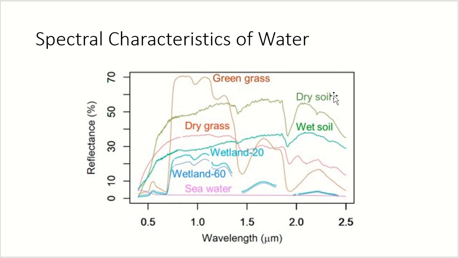And I'll just draw attention here to the contrast between dry soil and wet soil, where these two, this teal signature and the more olive green one here, they're similarly shaped, but you see the dry soil is reflecting quite a bit more across nearly every wavelength than the wet soil. So in general, water places a downward pressure on or exerts a downward force. It drags the profile down toward lower reflectance.